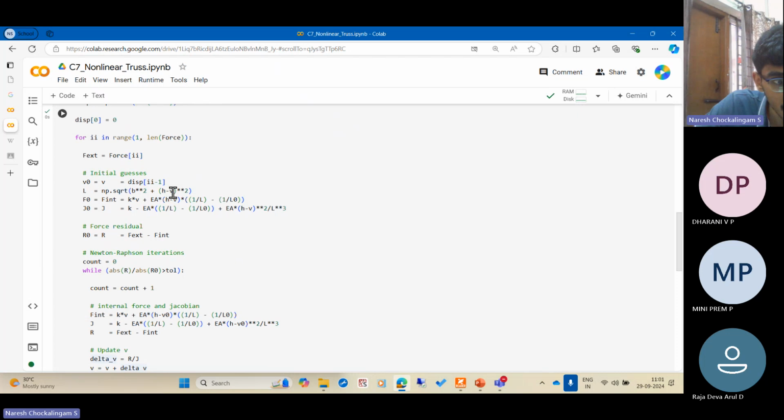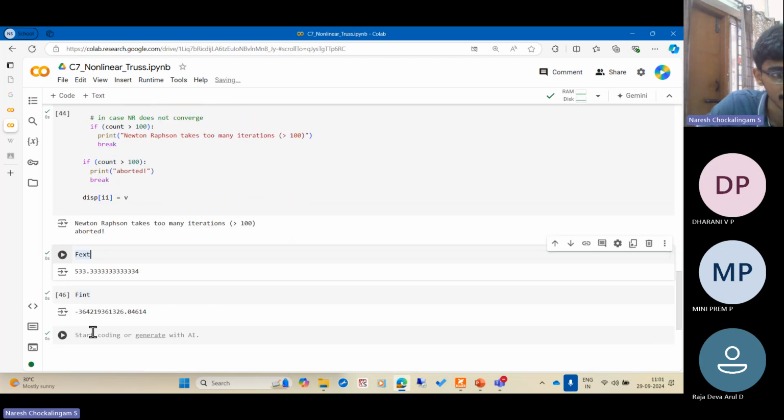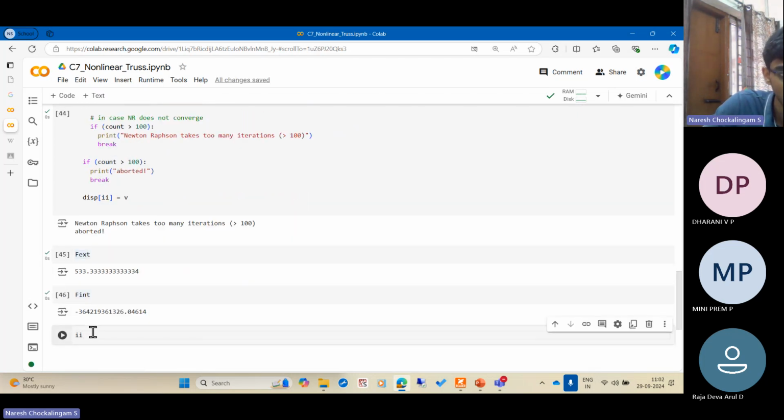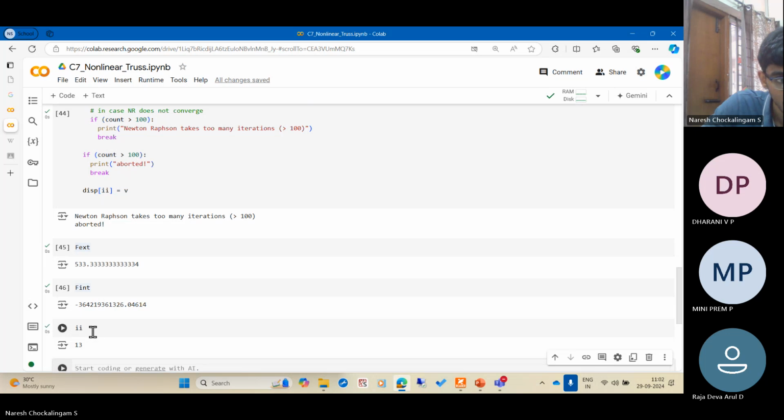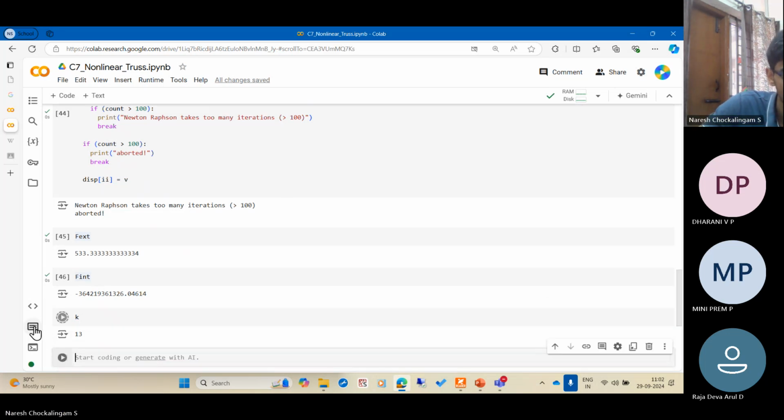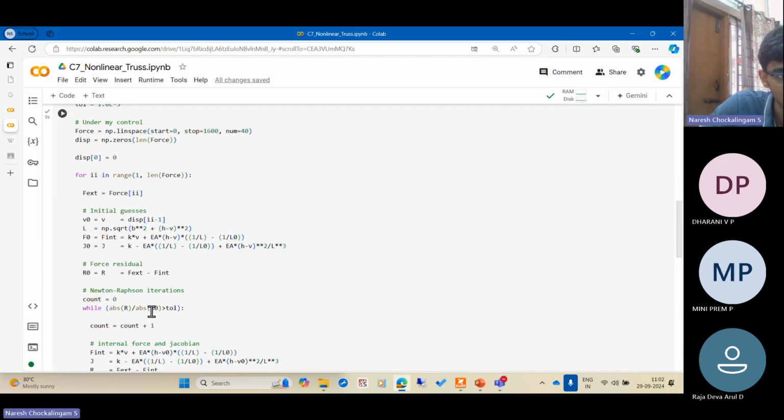This is at a different II, I guess. II is 13, and what is K? K is 1000, right?